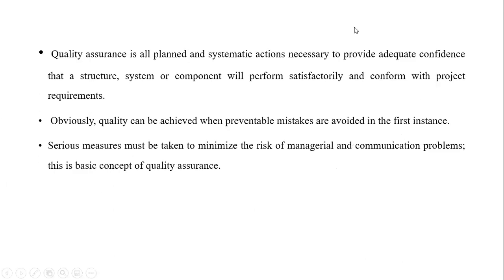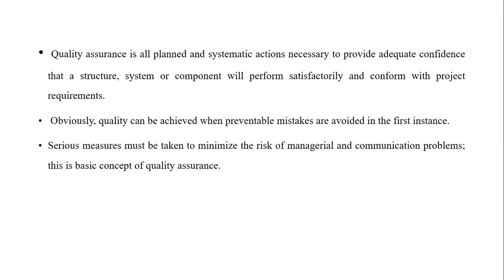So, quality assurance is to provide adequate confidence that a structure, system, or component will perform satisfactorily and conform with project requirements. Obviously, quality can be achieved when preventable mistakes are avoided in the first instance. Serious measures must be taken to minimize the risk of managerial and communication problems. That is the basic concept of quality assurance.